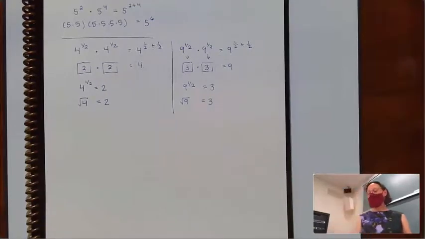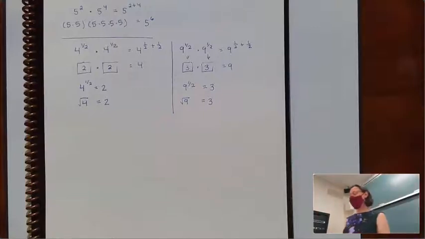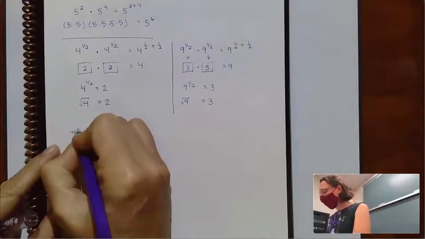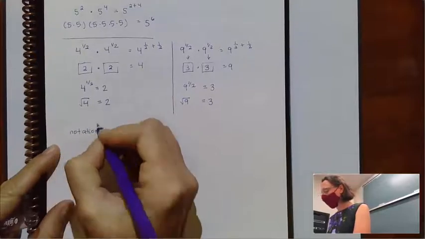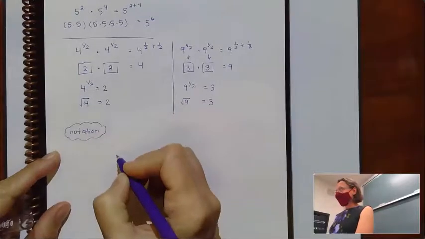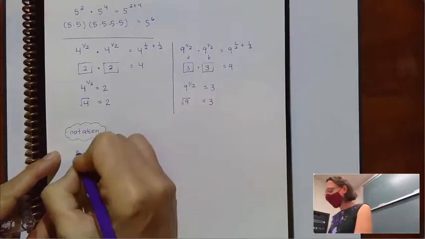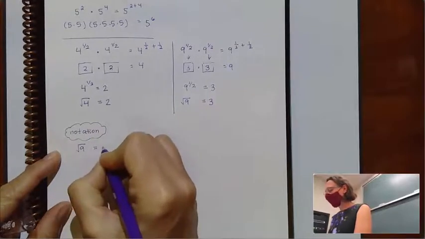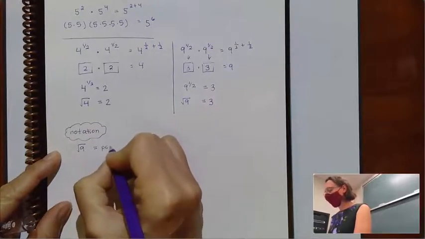There are some things that are important for us to know about square roots. And really this next piece is a notation thing, or I'm calling it a notation, you could call it a rule. But if I take the square root of 9, this is equal to +3, period, always.